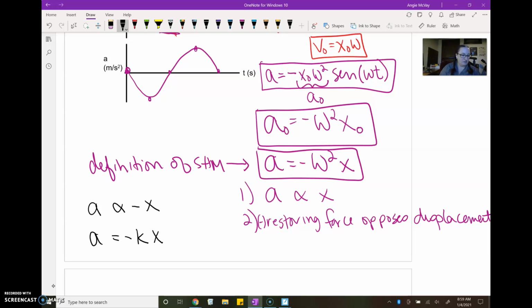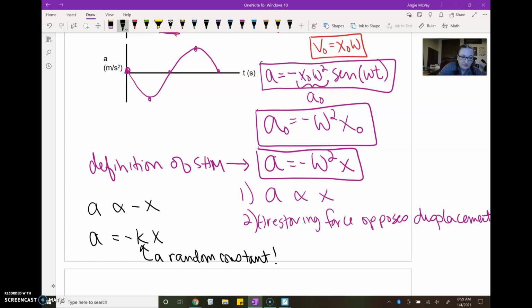And you might think to yourself, where the heck does k come from? Is that the spring constant? What is that? This k is a k like in your math class, a random constant. It doesn't represent anything physical. It's just k for constant.